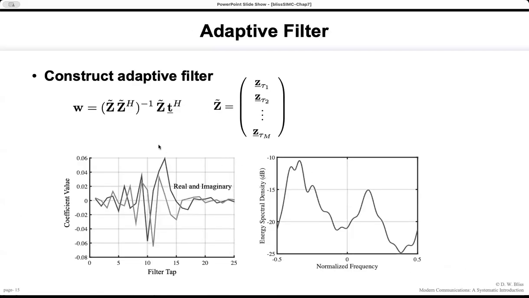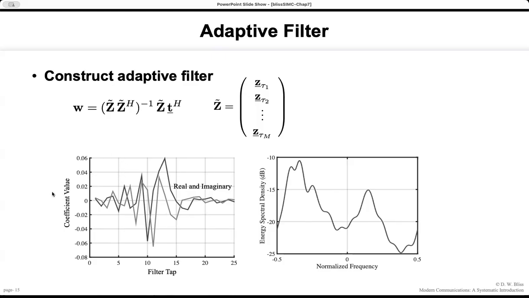So we can go through the process. We have some training data. We take a look at that training data and we build the adaptive filter. When you do that, it's always good to look at the coefficients of the adaptive filter. So we got the real and imaginary part of the coefficients. We can see that this is relatively well behaved, and the reason I know this is that if I have really large values at the edges, sometimes it means that the filter is struggling to be well behaved.